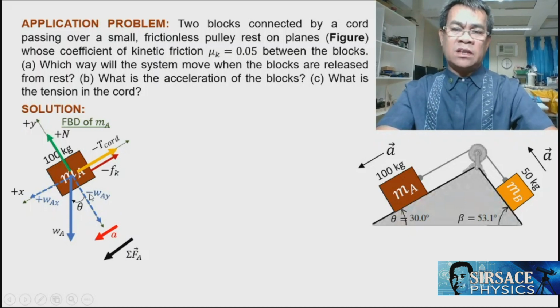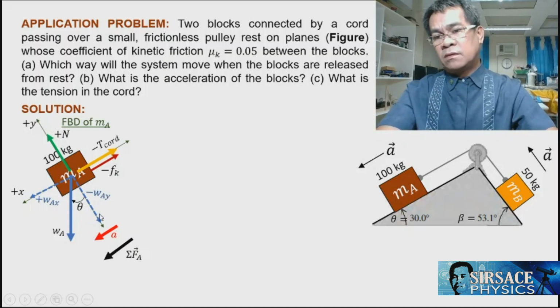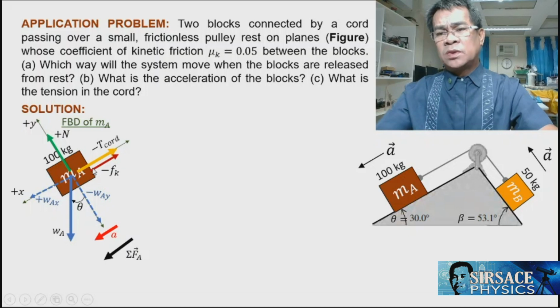This is negative because it is downward. So therefore, we have already resolved this weight. The weight of A now becomes WAx and WAy: WAx is the positive component while WAy is the negative component. The purpose of this is to segregate the forces along x and along y.